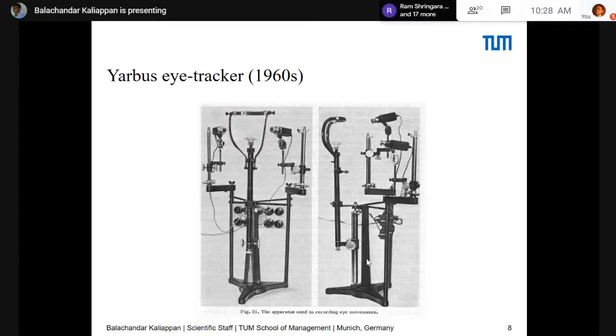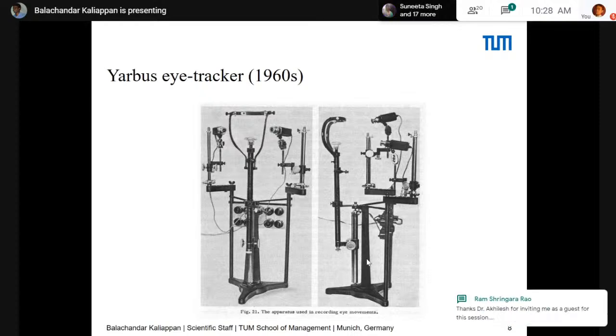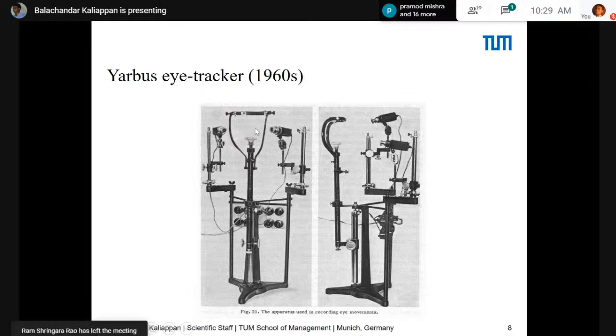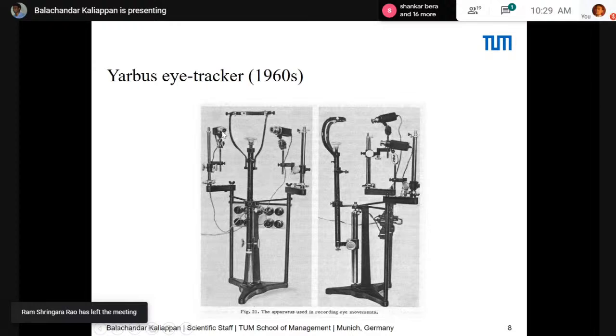So in the initial days when eye tracking evolved, it was developed by a person called Yarbus, and he developed an eye tracker. This eye tracker is this setup. You can see cameras here, and if you look on the left-hand side of the image, you can see there are two cameras attached, and there is one place where you can have your head planted. Right?